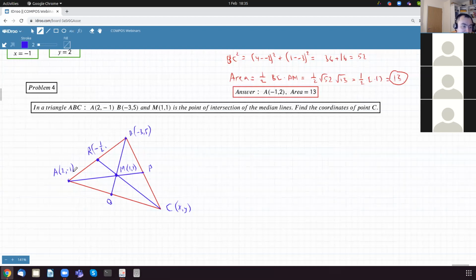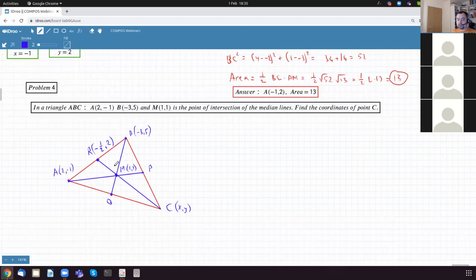And then -1 plus 5, which is 4, 4 divided by 2 is 2. -1/2 and 2. Okay. And then you say find the equation of RM. Oh, potentially, yes, you could find the equation of RM.